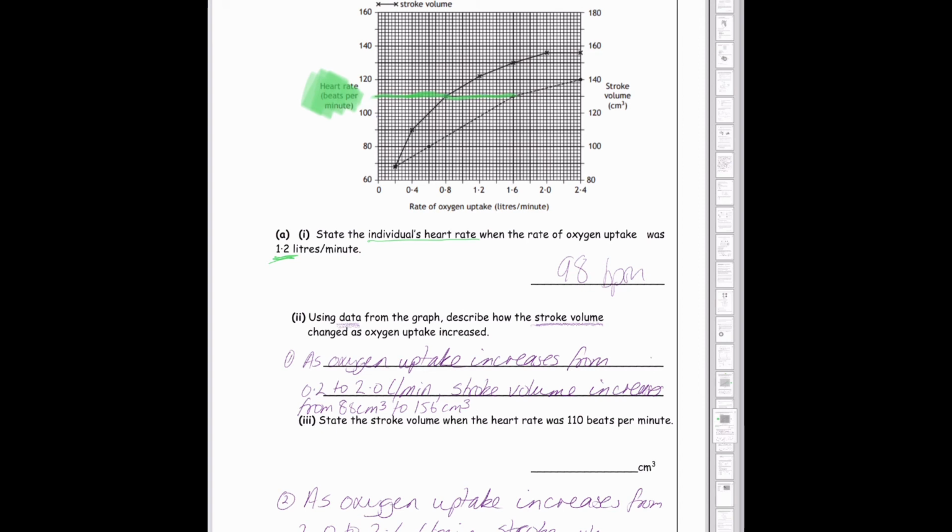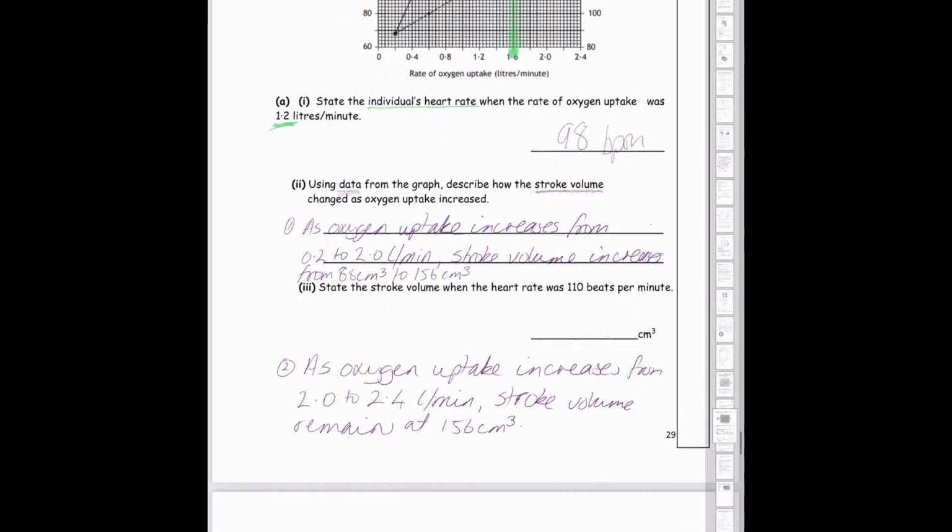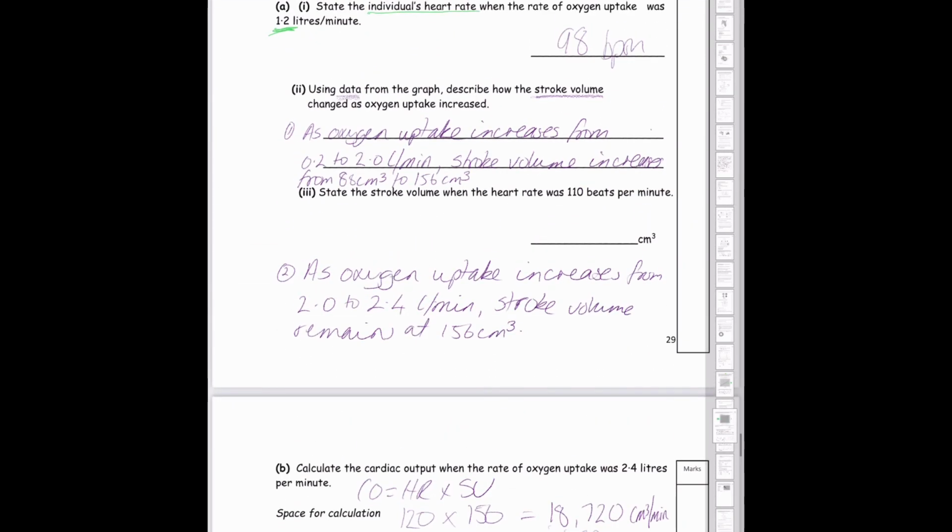So 110 beats per minute of heart rate is at 1.6 litres per minute of oxygen uptake. So if we highlight this line here all the way up, that gives us the stroke volume here of 150 cubic centimetres.